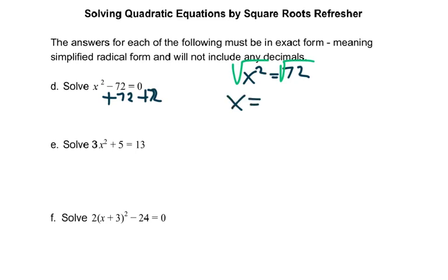I'm going to get two answers, positive and negative square root of 72, which can be simplified. I can rewrite 72 as 36 times 2, which gives me the answer of positive and negative 6 root 2.